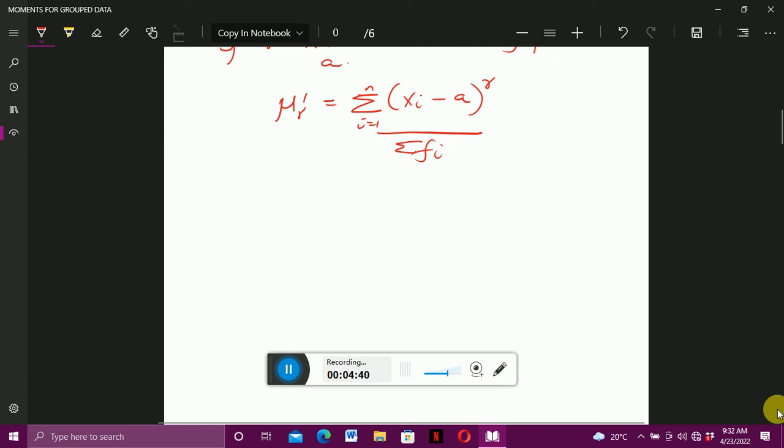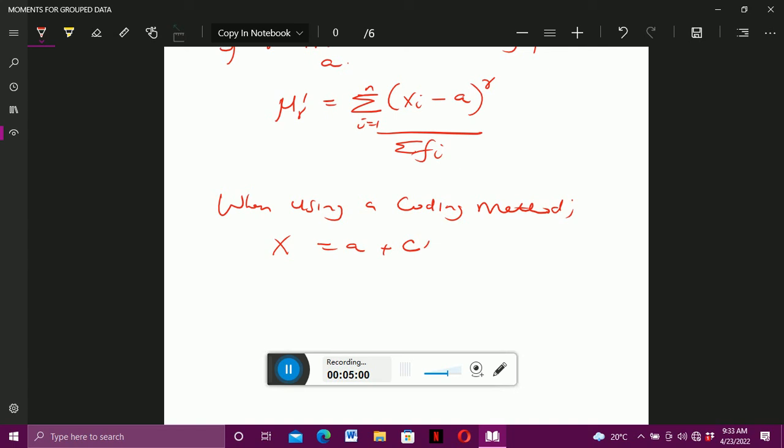So we say, when using a coding method, we usually take x to be equal to a plus c times u, where c and a are constants.